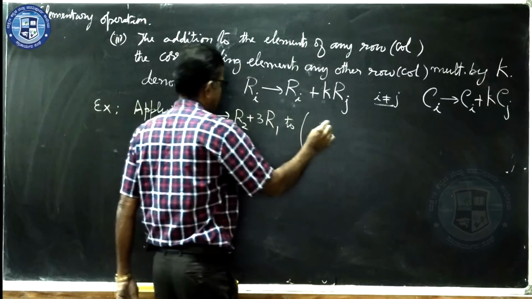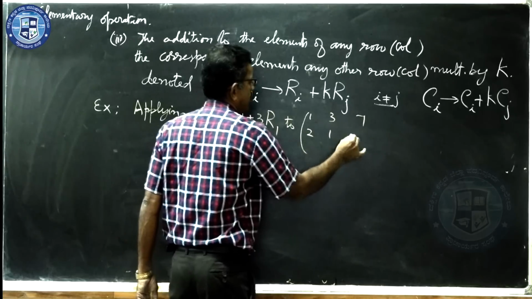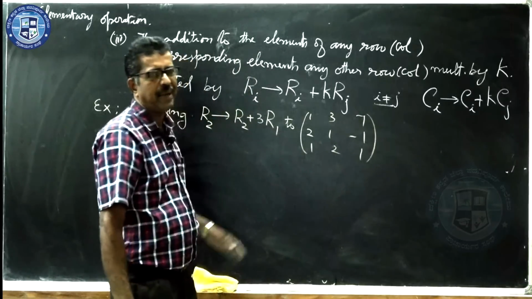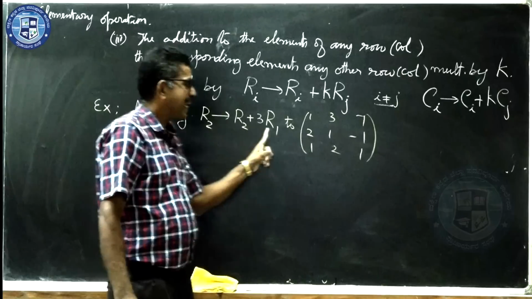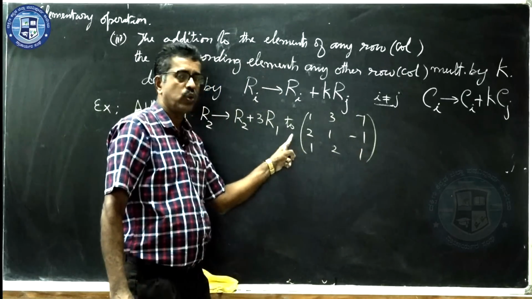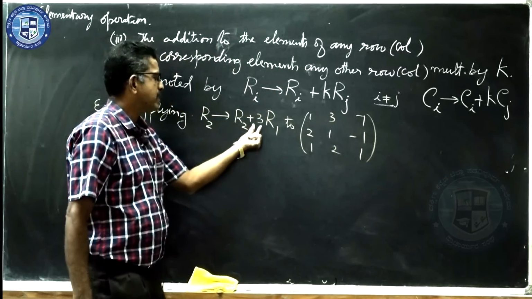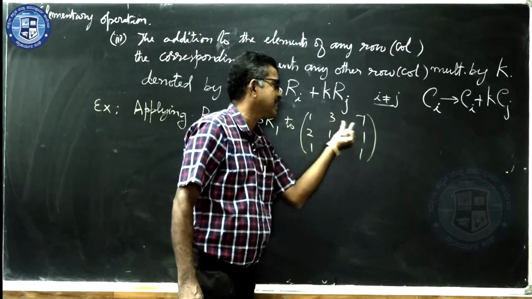I will take a matrix like this: 1, 3, 7, 2, 1, minus 1, 1, 2, 1. I choose any matrix. What should be the operation here? Second row, just highlight the second row. It is 2, 1, minus 1. Now look at this. We have to operate with the first row. First row has elements 1, 3, 7.